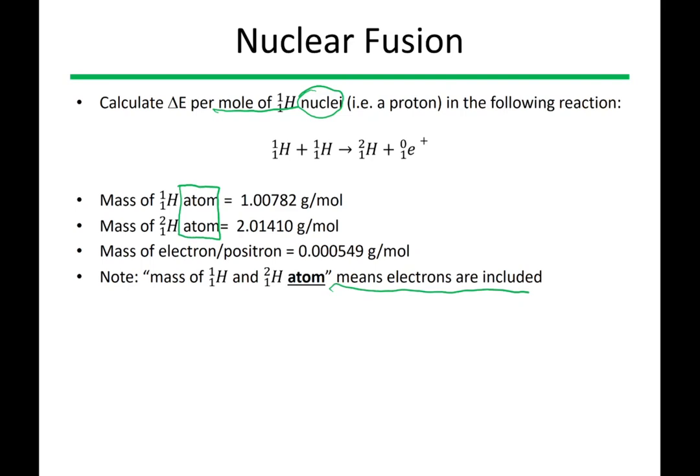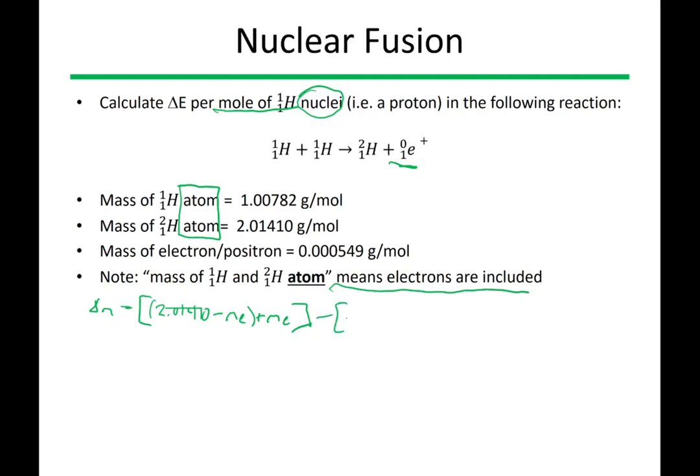So to set this up, we still need the change in mass. And this will be our products minus the reactants. And so for our products here, we have our deuterium nucleus. So this is the 2.01410. And since it's just the nucleus, we have to subtract the mass of an electron. But we're also producing 1 positron, which as an anti-electron would have the same mass. So we'll add in the mass of an electron. And then we minus the reactants.